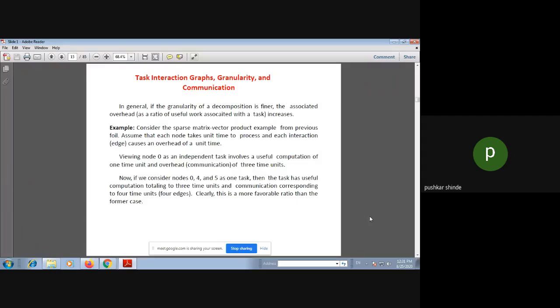Okay. Then the next concept is task interaction graphs, granularity and communication. In general, if the granularity of a decomposition is finer, the associated overhead as a ratio of useful work associated with a task increases.